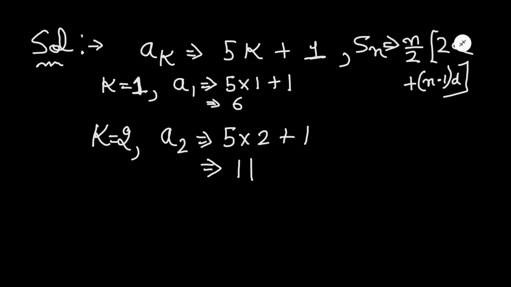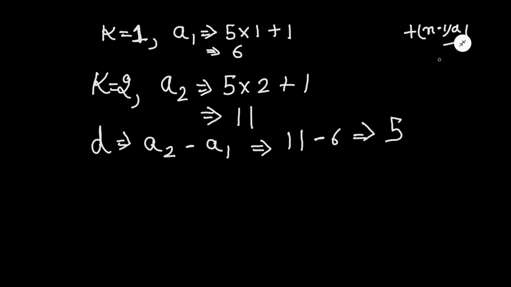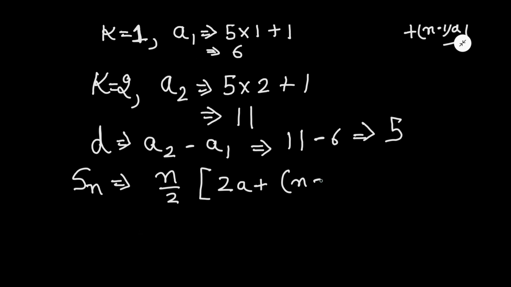So we have our first term and the second term, and we can easily find the common difference, which is d equal to a2 minus a1. Our a2 is 11, a1 is 6, so our common difference is equal to 5. Now we can find Sn, which is n by 2 into 2a plus n minus 1 d.